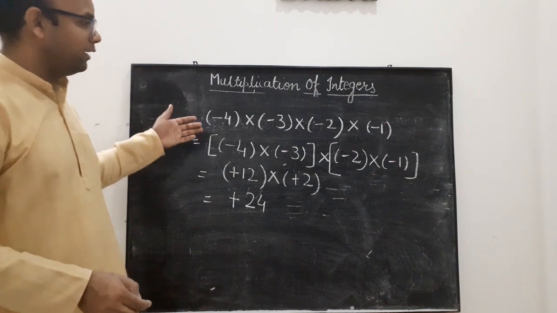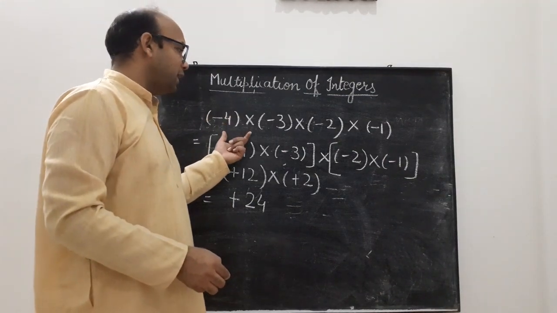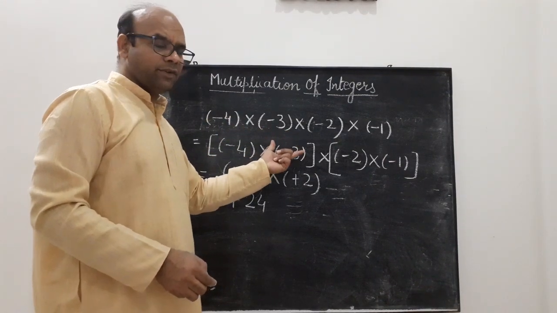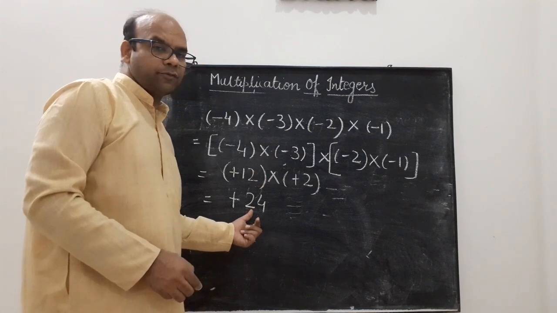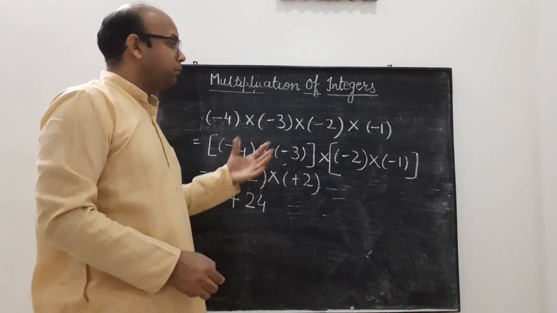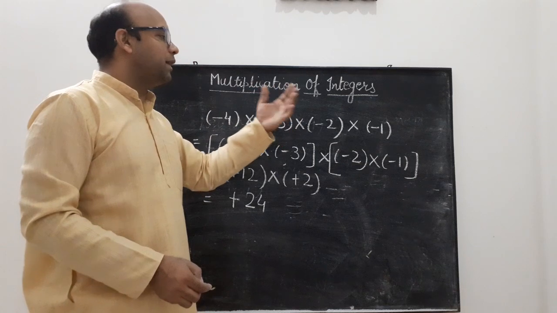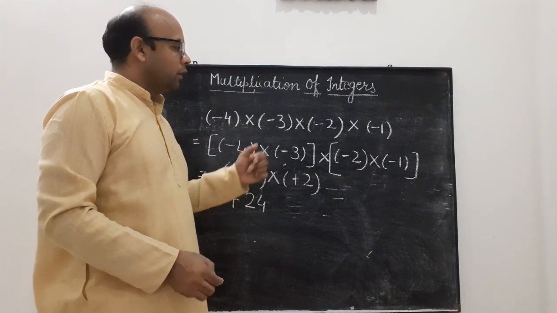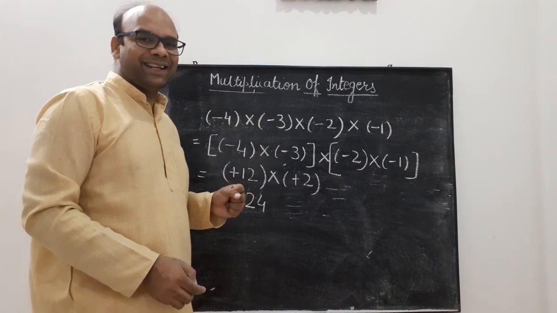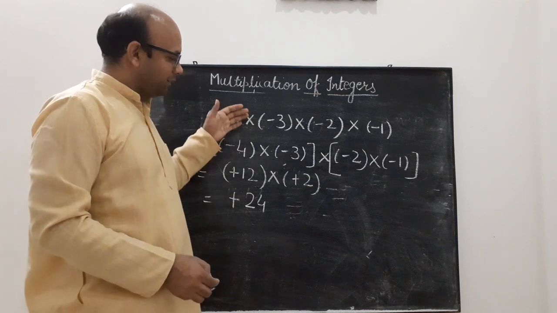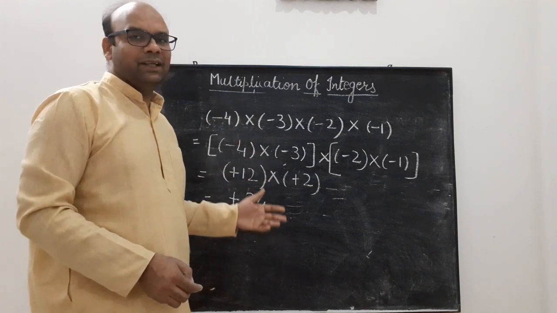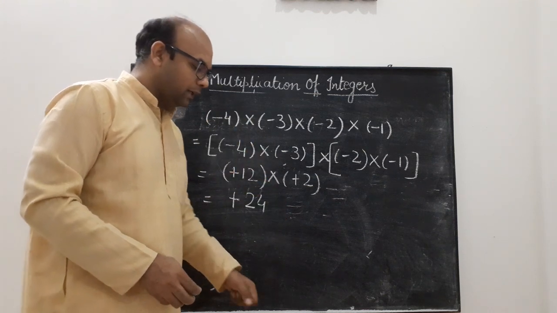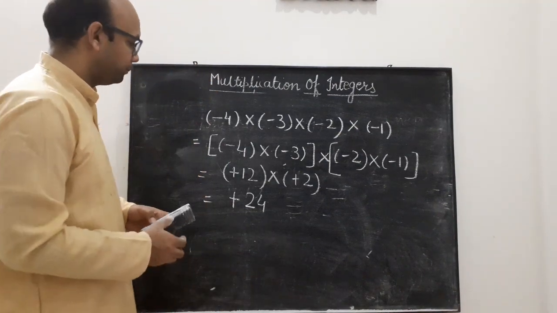And we can easily observe that if we are multiplying any four negative integers, then the product is positive. What will happen if I am multiplying 5 integers which are negative? Then obviously in a similar manner we can see that the product will come out to be a negative integer.